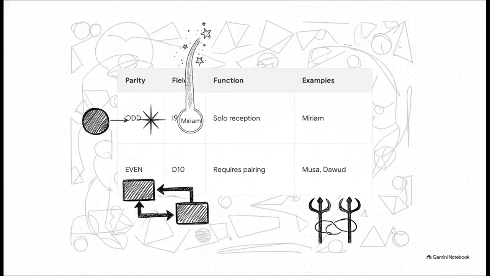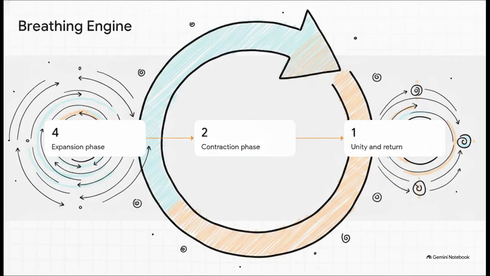They don't need a partner. But the even nodes, the D10 manifest action nodes, like the male prophetic dyads of Dawood, Musa, or Harun, they always require pairing for reciprocal completion. An even node simply cannot perform an odd function by itself. This parity asymmetry is exactly what drives the system's continuous breathing engine.